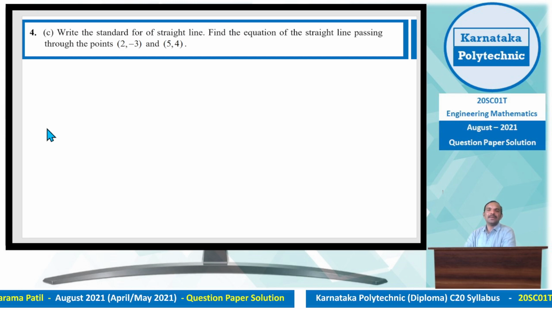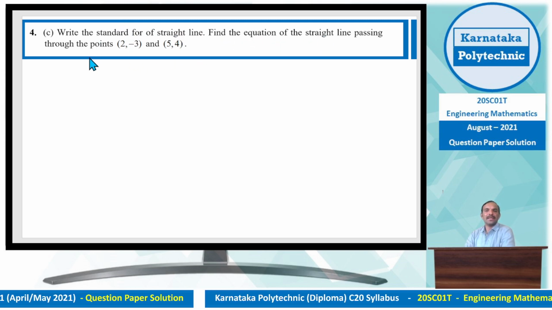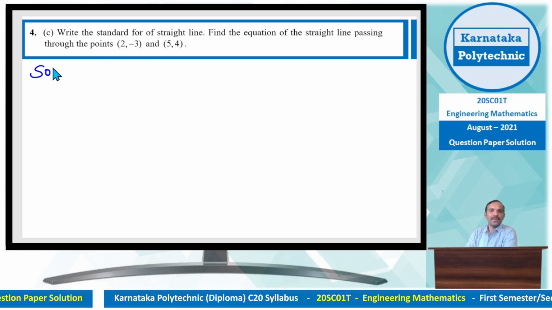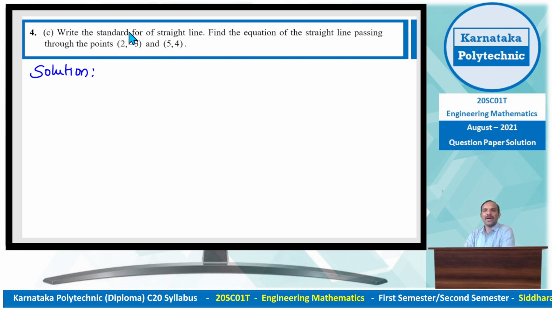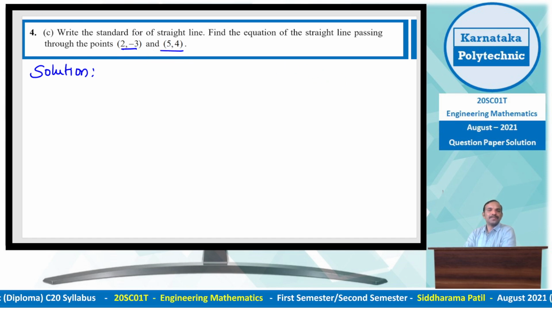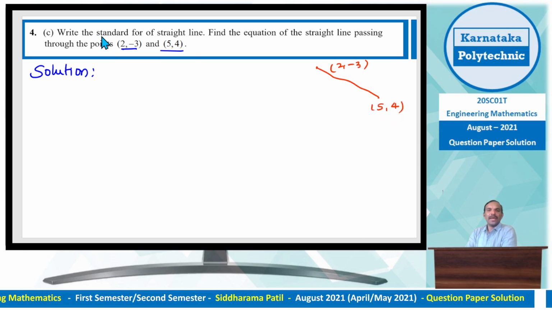Write standard form for the straight line. Find the equation of the straight line passing through the points 2, -3 and 5, 4. Solution. Here they have not mentioned any particular standard form, but 2 points are given, 2, -3 and 5, 4. As it is not mentioned, we have to write the standard two point form.